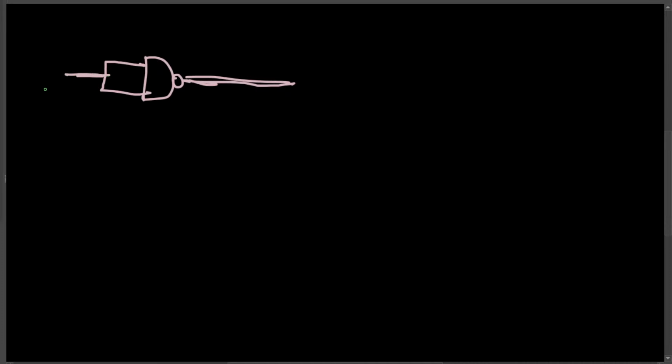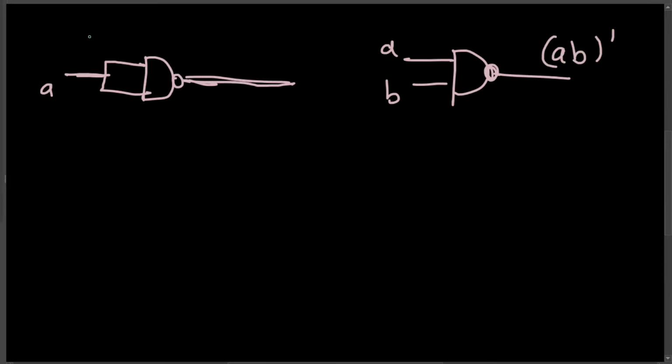And then you can do 1 input. And let's say we have another 2-input one, and in this one we are putting A, B. And this is a NAND gate. What's going to be the final outcome for this one? For this one, we know that the final outcome is AB prime. What's going to be the final outcome for the other one? The final outcome is going to be AA prime.